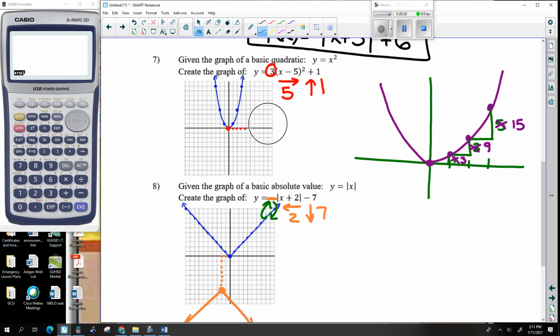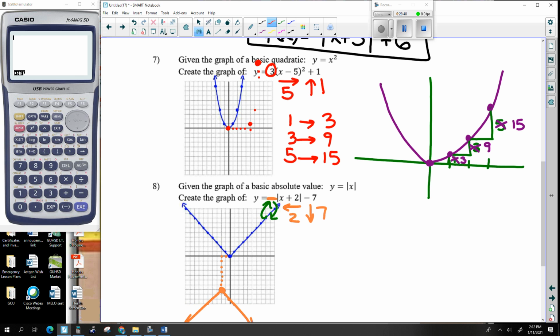Okay, so again, you do all of the motion. So right 5, up 1, and then here I go 1, 3, 5. So 1, 3, 5 is now going to be, I'm going to go up 3, 9, 15. So here I go over 1 up 3, over 1 up 9. 1, 2, 3, 4, 5, 6, 7, 8, 9.